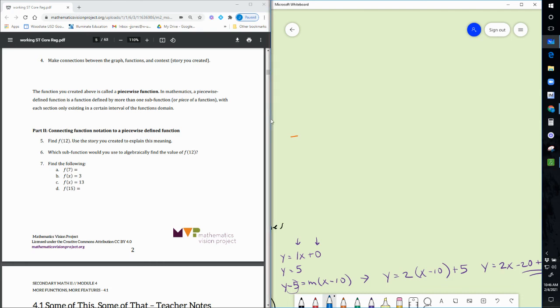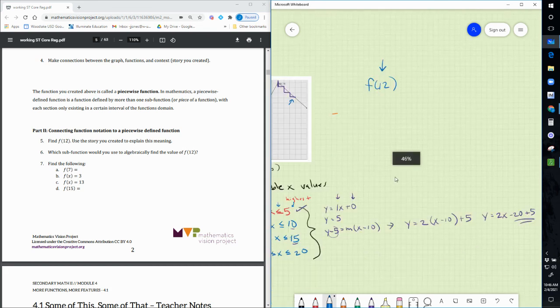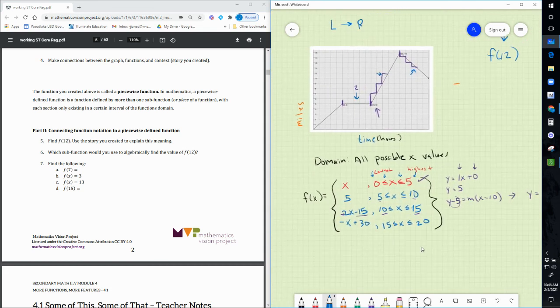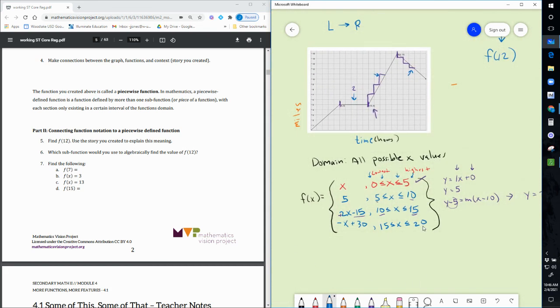Okay, so numbers 5 through 7 is now just saying to solve function notation. So find f of 12. So remember, this means plug in 12 for all the x's. But remember, it says you have to use the correct function. Which function has an x value of 12? So come over here to this that you made earlier and look where 12 falls.